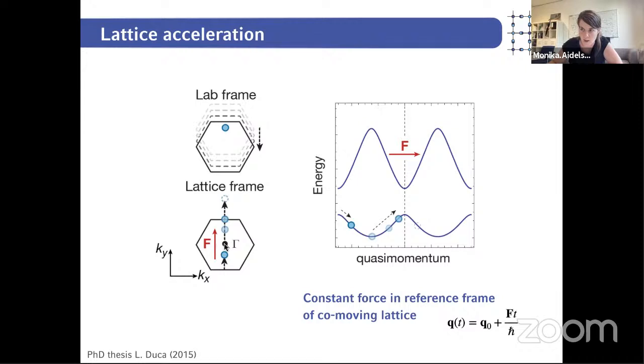So if we start at the gamma point, which is the q equal to 0 point, we change the quasi-momentum linearly as a function of time, proportional to the force F, and if we do that adiabatically, we can scan the quasi-momentum of the wave packet through the full Brillouin zone. This is also what is shown in the schematic on the right. So if the force is small enough, then this change of quasi-momentum will happen adiabatically, and we just move it through the lowest band.